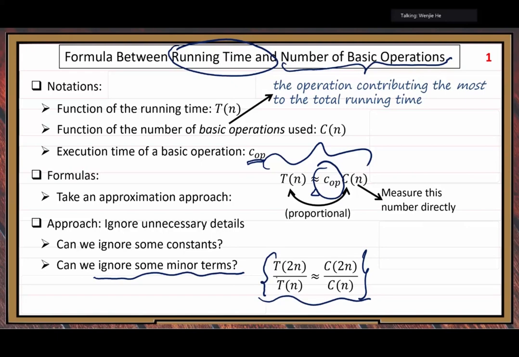This formula tells us these two functions have a similar increasing rate. They are two closely related functions. If we define increasing rate as the ratio of this form, they have the same increasing rate.